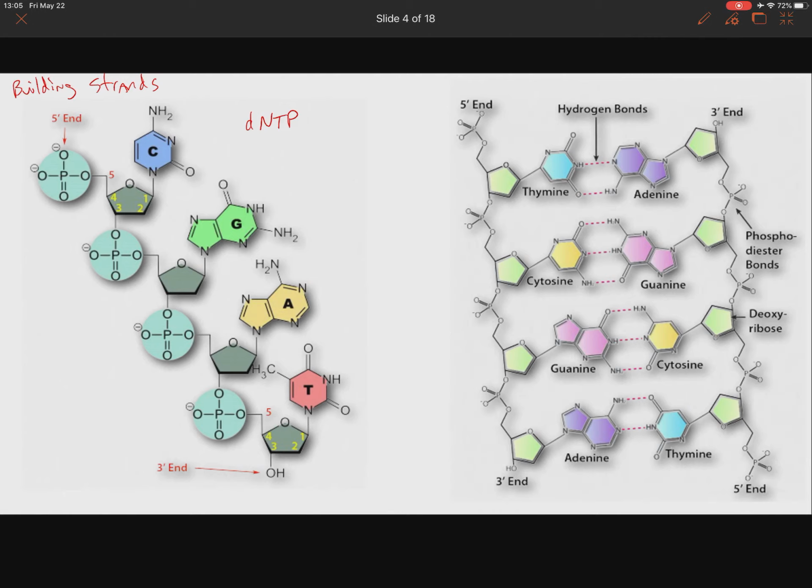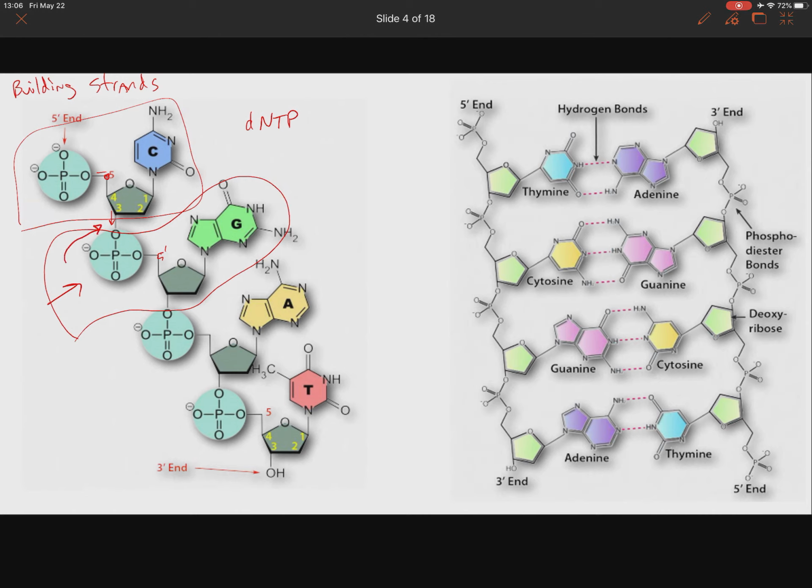Now, we're going to look at this phosphate group linking two nucleotides. So we've got a 3' phosphate on this nucleotide that's attached to the 5' carbon of the next. They're linked together by this phosphodiester bond.